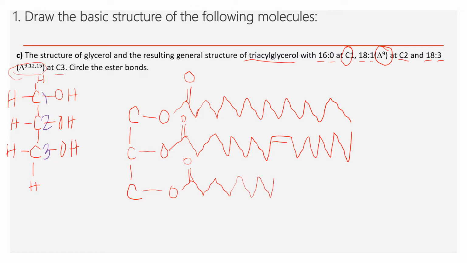That's where the first double bond occurs at 9. And then 10, 11, 12. And that's where the next one occurs. Then 12, 13, 14, 15. And that's where the next one occurs, 15. But it has a total of 18 carbons. So that was 15, 16, 17, 18.